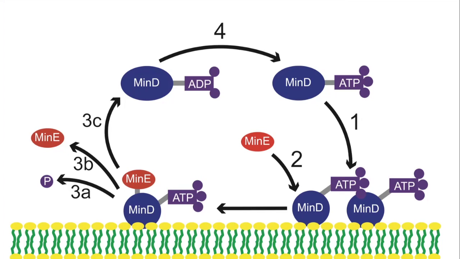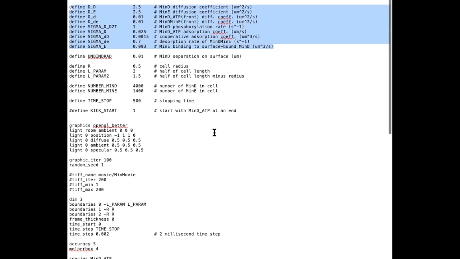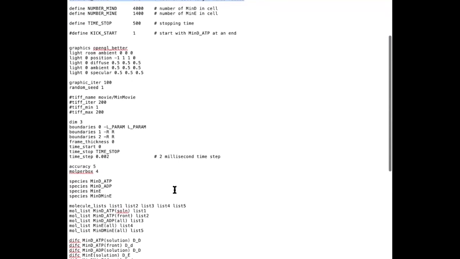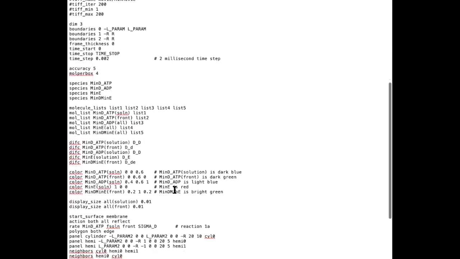Okay, so let's see what that looks like if we implement it in Smoldyn. Right, so we'll not go through all of these steps. So basically here, all the diffusion coefficients and rate constants are being defined. Here we define the cell size and a lot of other properties that I'm going to skip.